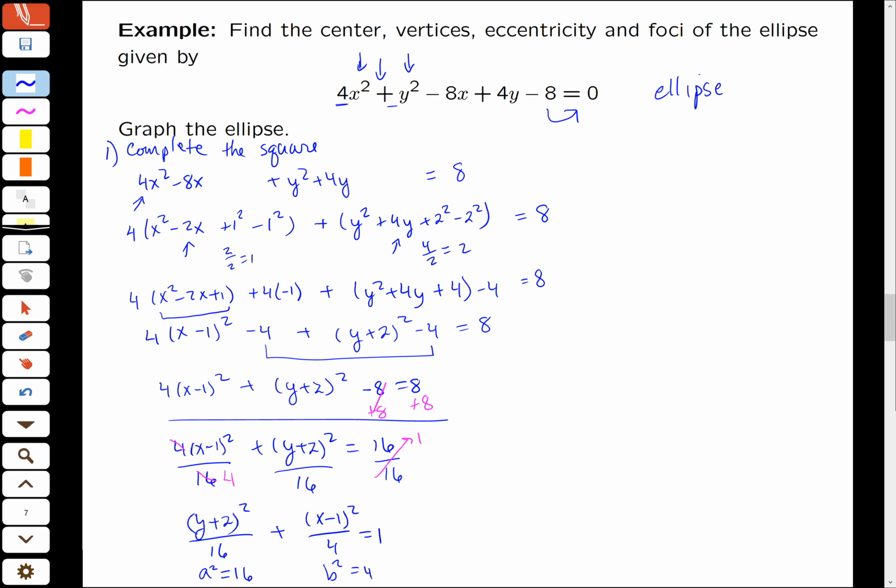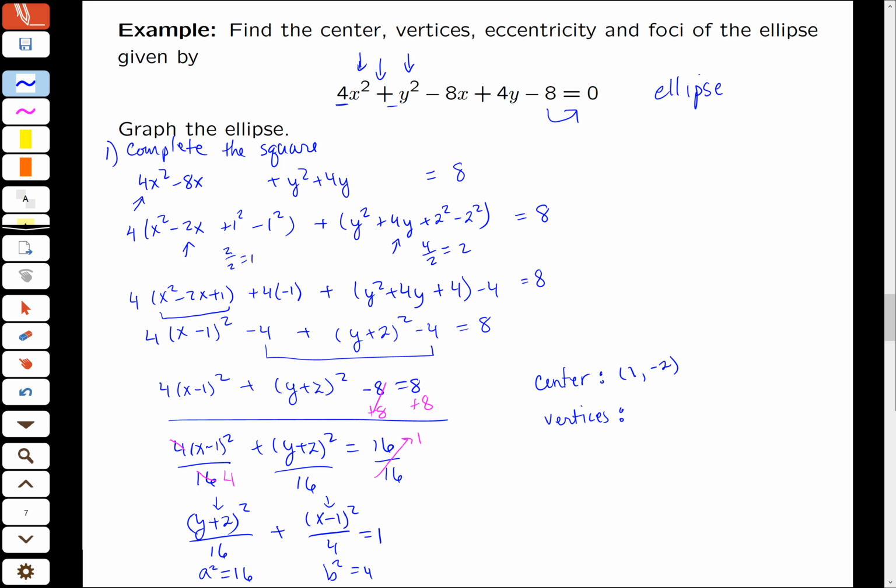Let's go ahead and find its center. The center comes from what's inside our parentheses. So we're going to have 1, negative 2 for the center there. When it says the vertices, it's talking about the vertices on the major axis. According to your formula sheet, what do we add?